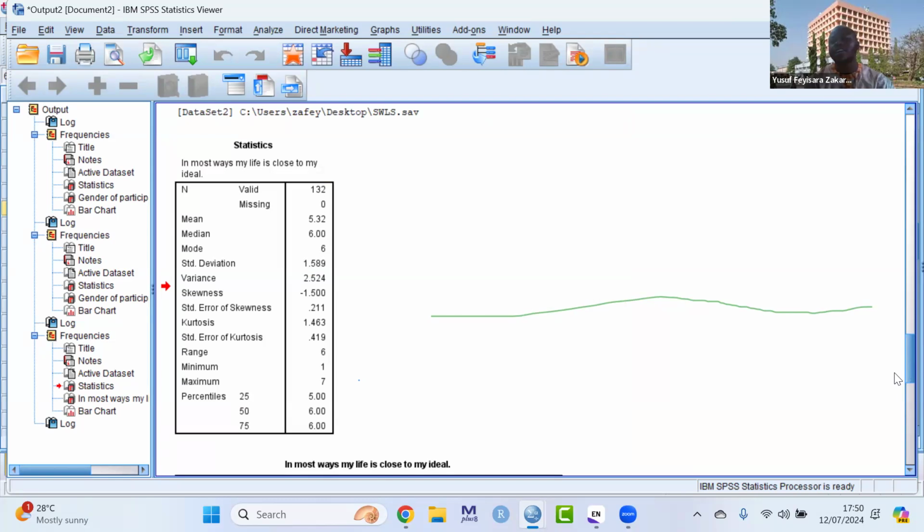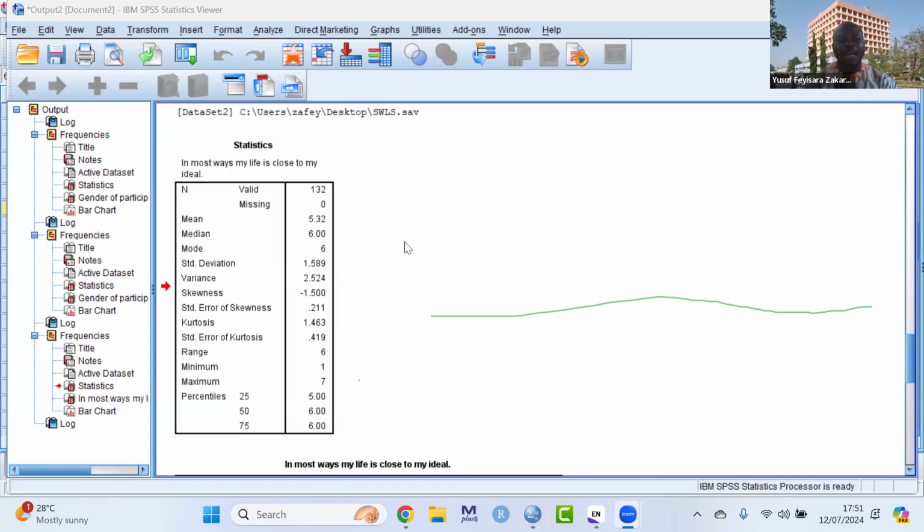Are we okay? Okay. As I'm saying, the mean, the median, and the mode must be the same for a normal distribution.